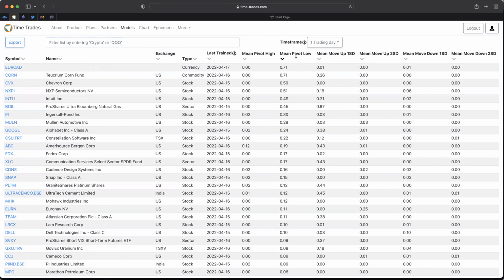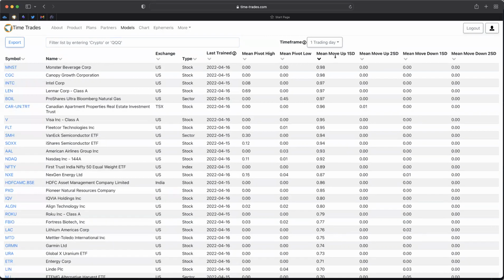So you can click on the column header and you can then find those names that have the highest probability of a pivot or a move up or a move down. But up until 2 days ago, it was always a fixed time in the future. The mean probability was always calculated over the next 15 trading days.